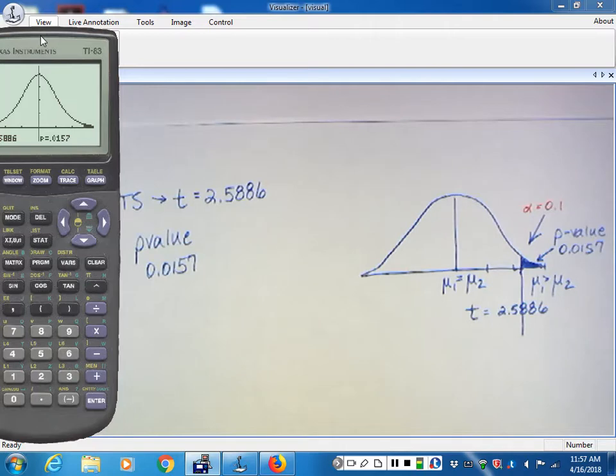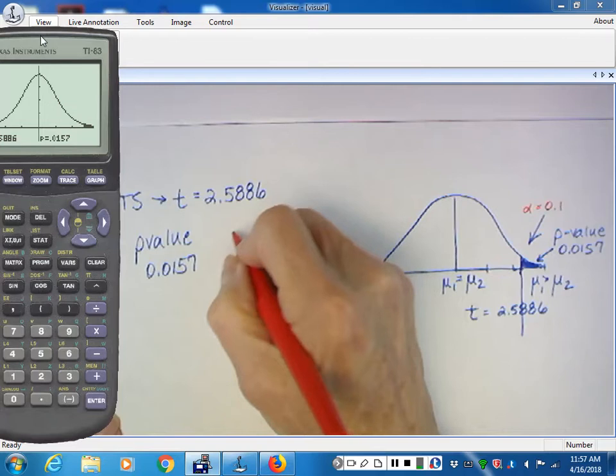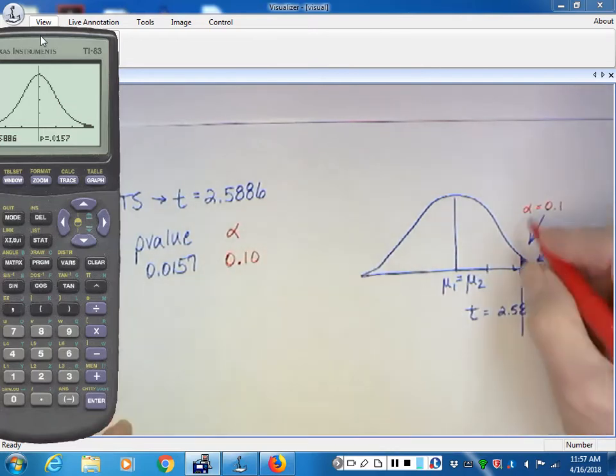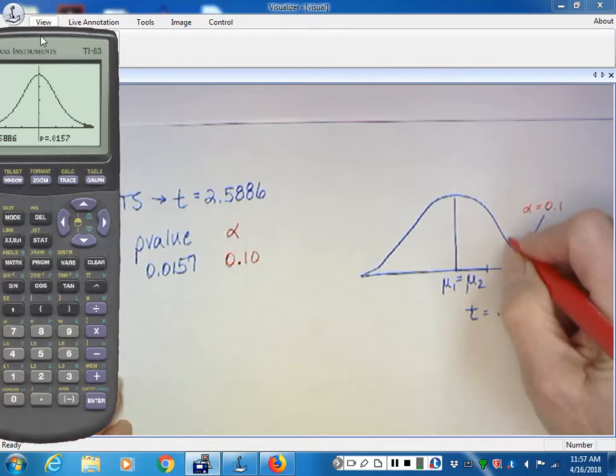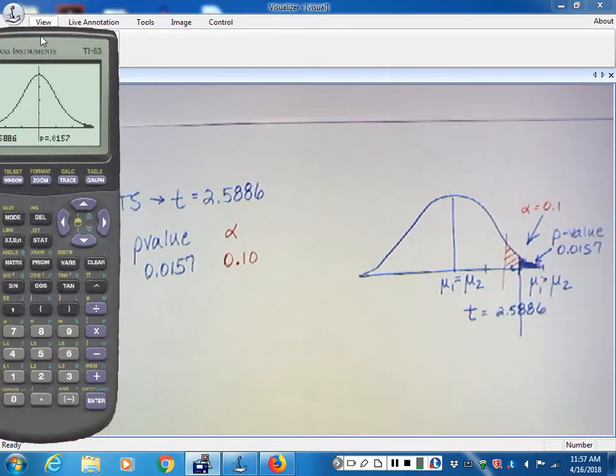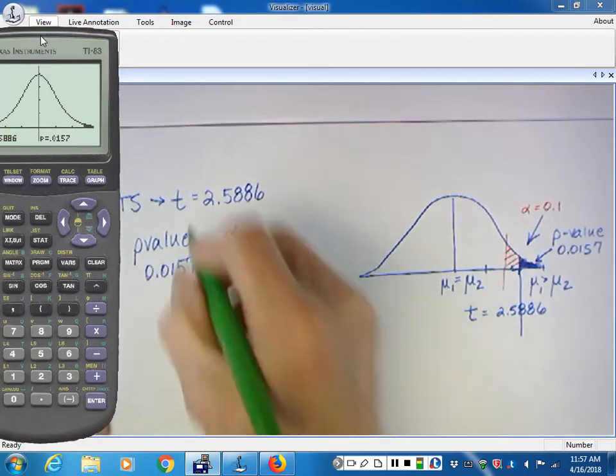And we always compare that to the alpha value, which is 0.10. And if alpha is 0.10, then that means it's bigger than the p-value. And that tells you then that your p-value is less than your alpha value.